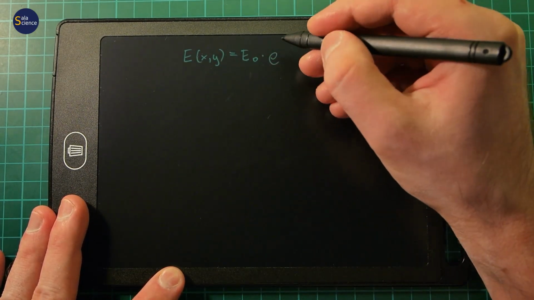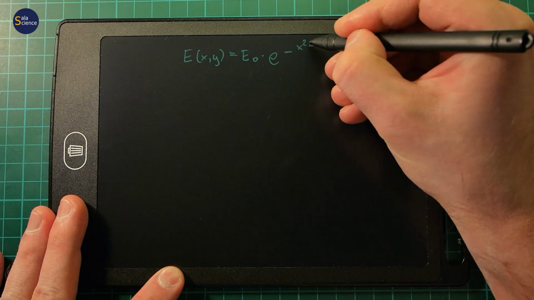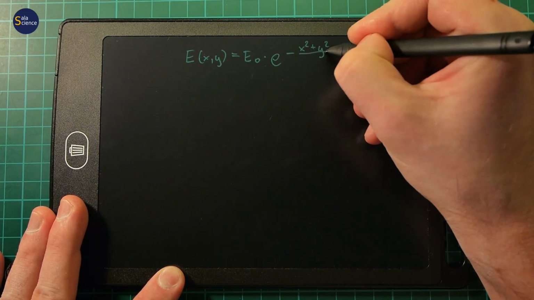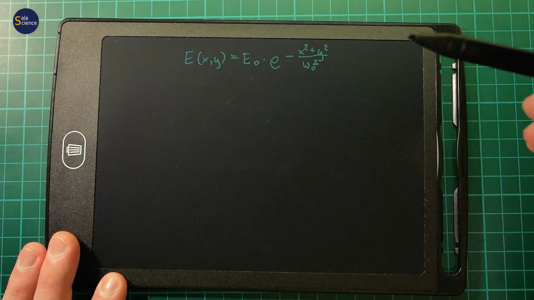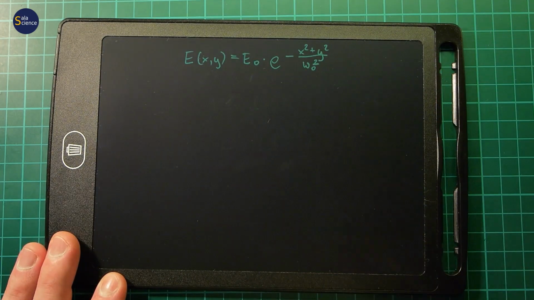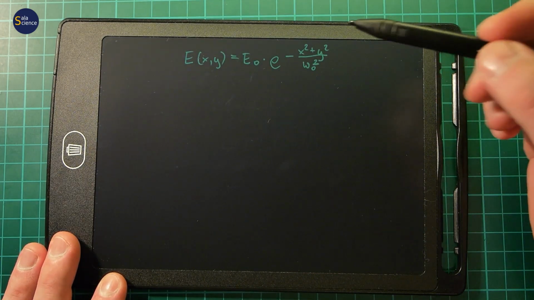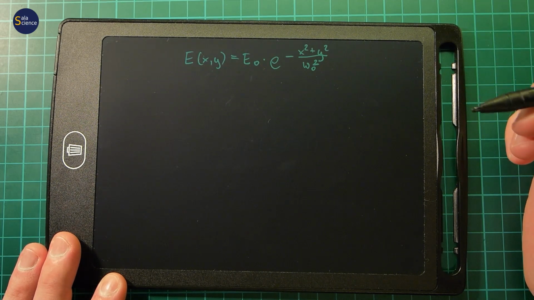We have e to the power of minus (x squared plus y squared) over w naught squared. The maximum of this intensity profile is at the origin.